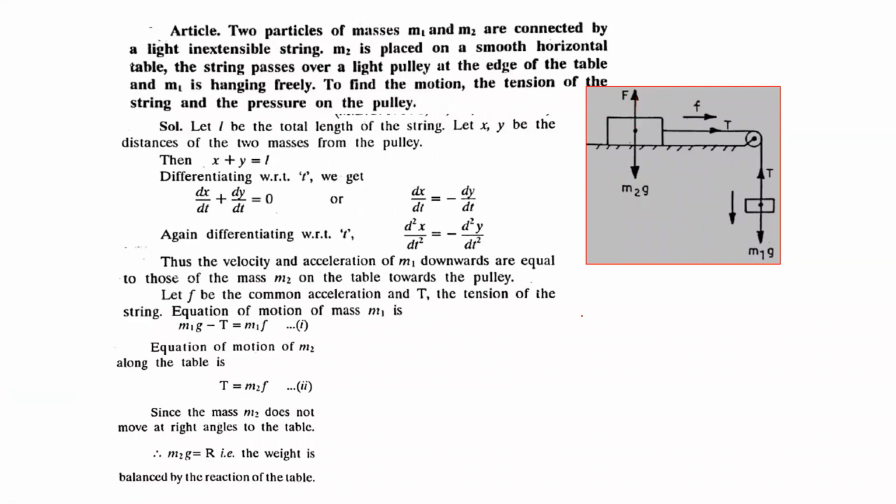Or you can also understand it by the fact that if we discuss the motion of this particle in the vertical direction, because this particle is not moving in the vertical direction, the vertical acceleration is 0. The effective force in the downward direction is m2g minus R, so we have R equals m2g. So this is another way to understand this equation.